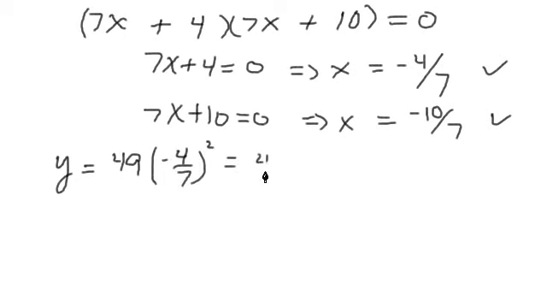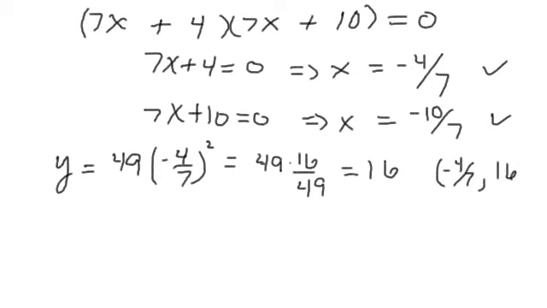And so this becomes 49 times 16 over 49, and because 7 squared is 49, that's going to end up reducing down to 16. So we're going to have negative 4/7, comma 16.